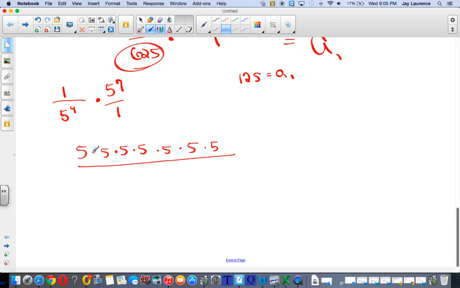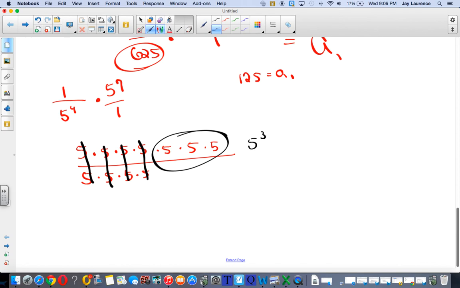And then the denominator would be 4 5s being multiplied, right? You with me? And these would cancel, and I'm left with 5 to the 3rd. 5 times 5 times 5. Well, that's 125, isn't it? And so there you go.